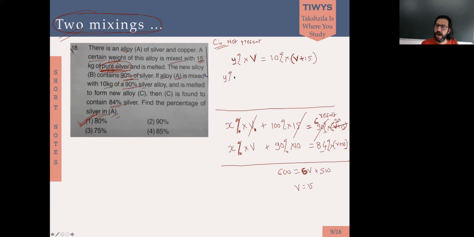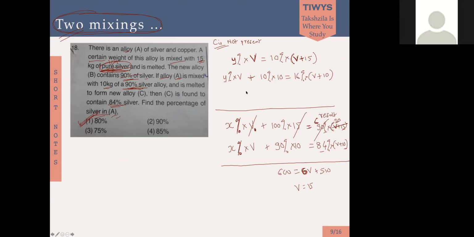Again, it's Y% of V in the first, plus 10 kgs of 90% silver. Copper is going to be 10% of 10 kgs, and this will result in 84% silver, which means 16% of V plus 10. So essentially, it did not help me as much, but you can definitely do it.